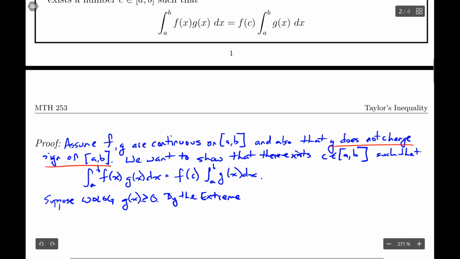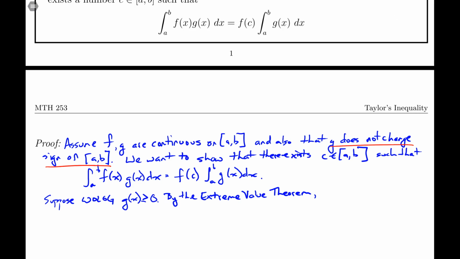The extreme value theorem says that if you have a function that is continuous on a closed interval, then that function attains an absolute maximum and an absolute minimum somewhere on that closed interval.